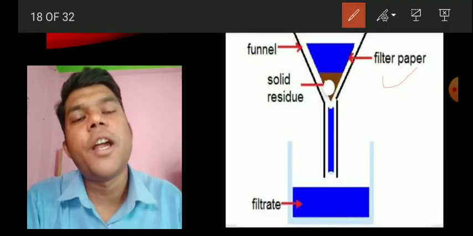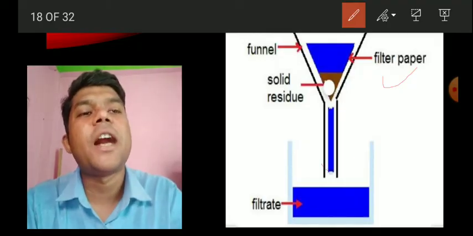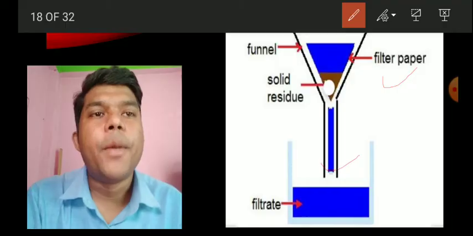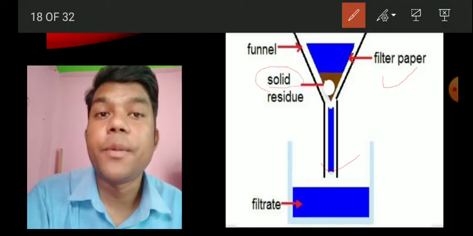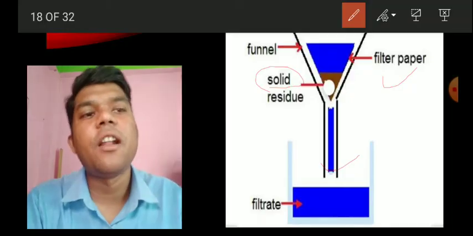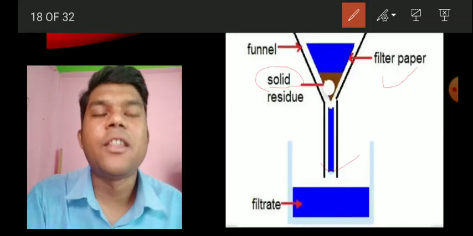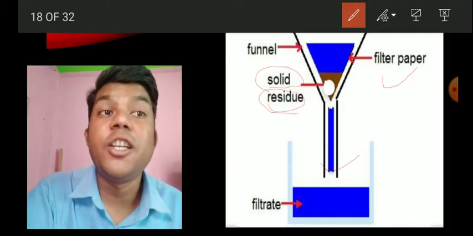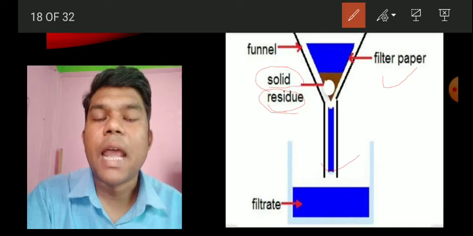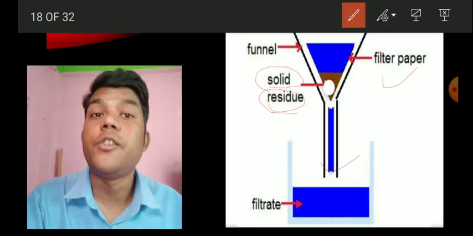When we pour the mixture of solid and liquid, what happens? Liquid can pass through the filter paper, but the solid remains in the funnel, above the filter paper. It cannot pass. So the liquid can only pass through the filter paper. So both can be separated, and the waste or the solid which remains in the filter paper is called residue, and the clean liquid which is obtained after filtration is called filtrate.